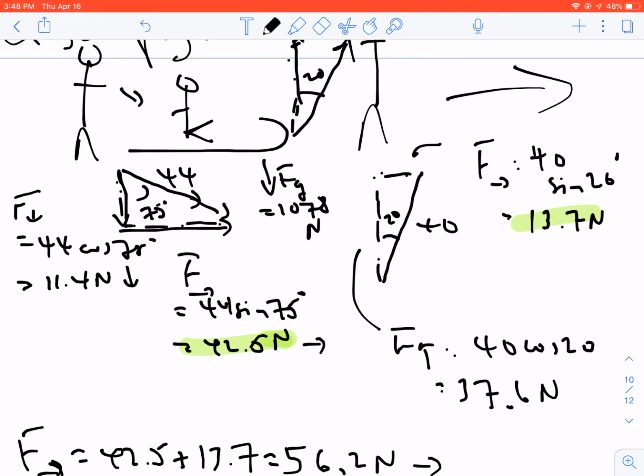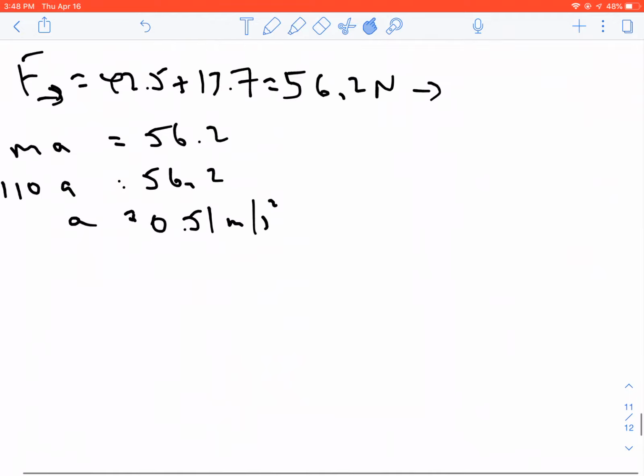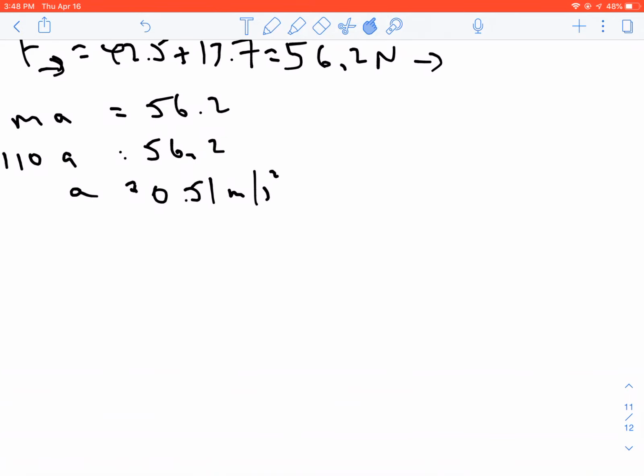So the question now becomes, how much more lifting force is required by the person at the front in order to balance the weight of the sled and the person? In other words, to be able to zero the vertical forces, the downward forces. So if I look at the forces acting here, I have a downward force of 11.4 and a downward force of 1078.